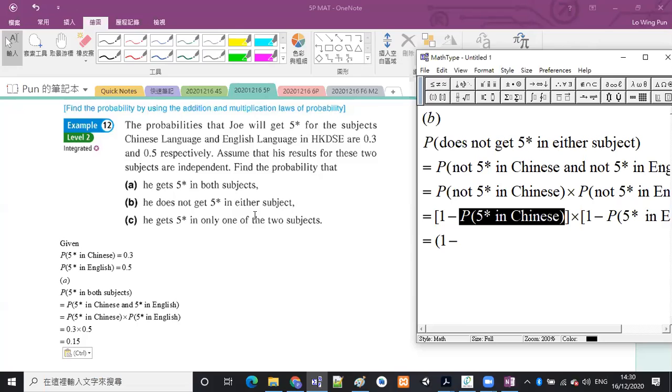Getting 5 star in Chinese becomes 0.3. And then times 1 minus the probability of getting 5 star in English will be 0.5. Okay? And that is how we can change the given sentence into a mathematical calculation. Like this. So it should be 0.7 times 0.5. And the final answer will be equal to 0.35.